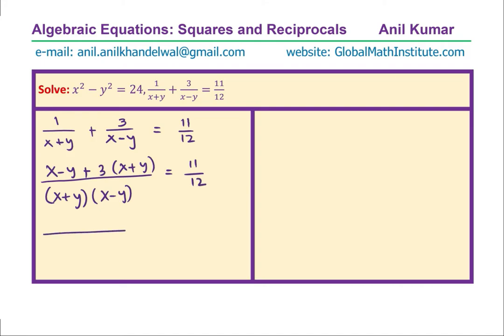Now the denominator is a difference of squares, which you can write as x squared minus y squared. In the numerator, x plus 3x is 4x, and minus y plus 3y gives you plus 2y, and this is equal to 11 over 12.